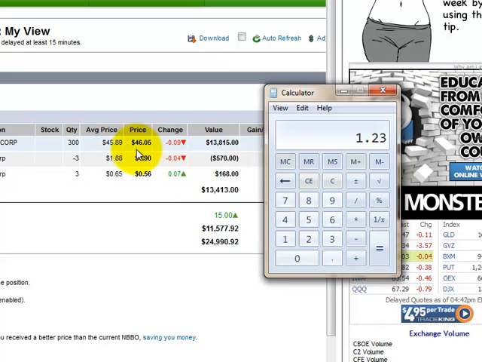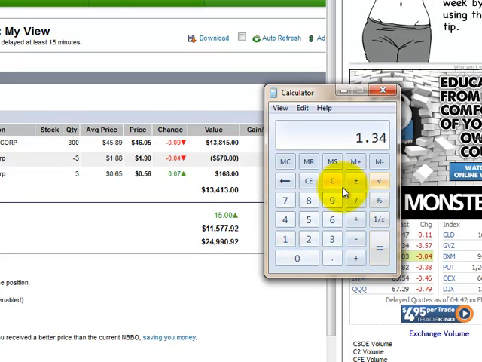Now if the share price doesn't end up above $46, then that will be our total profit. If it does end up above $46, then we'll also realize another 11 cents per share profit. So plus 0.11, that leaves us with $1.34.